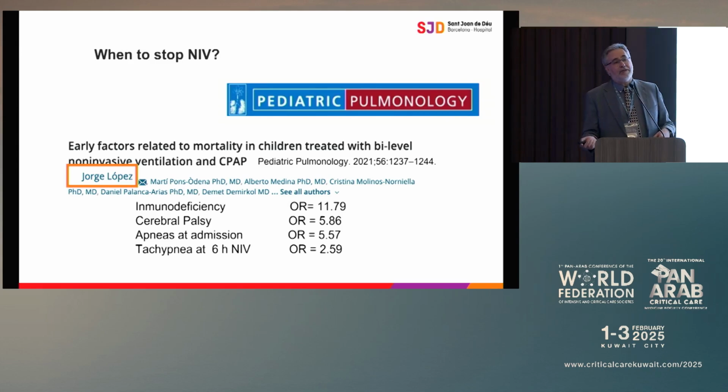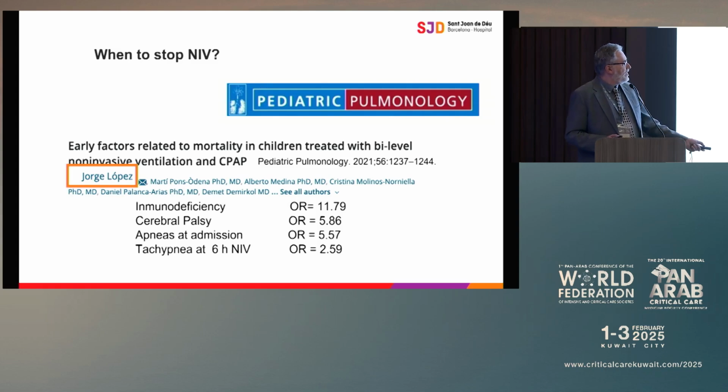And we have some papers. We did this paper about factors related to mortality in children with bilevel. It is an observational study, also done in Spain, Portugal, and with Turkish colleagues. And it makes sense.